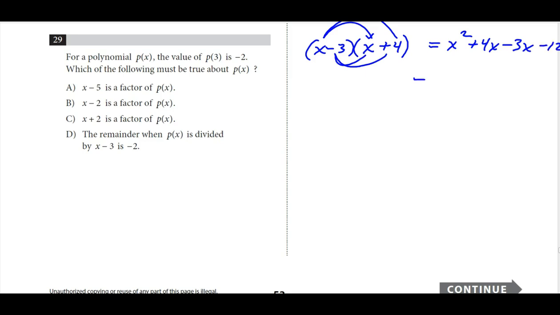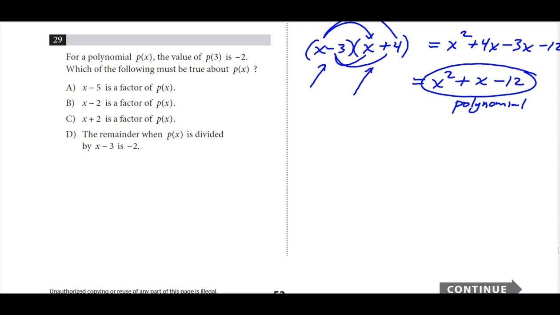And when we clean that up, we get x squared plus 1x subtract 12. All right. And this is a quadratic, or in general, it's a polynomial. And these two people right here that were multiplied together to make that are called factors.